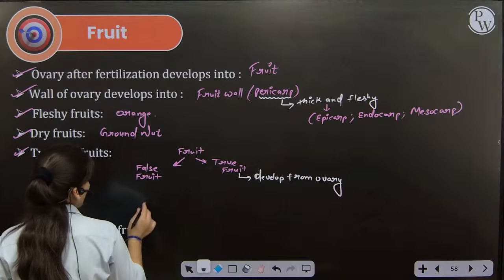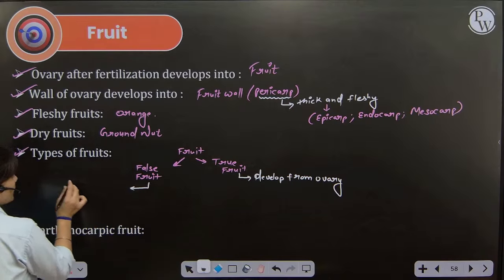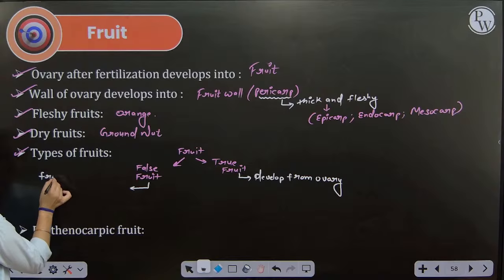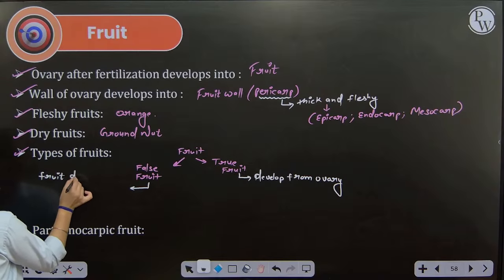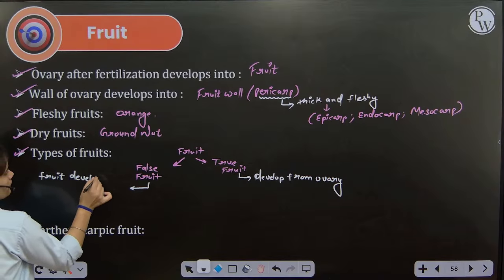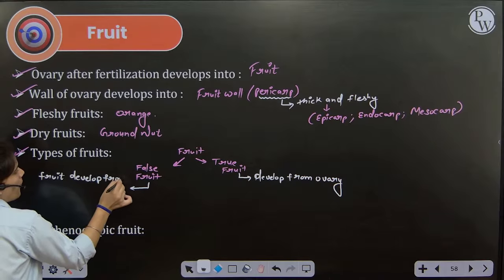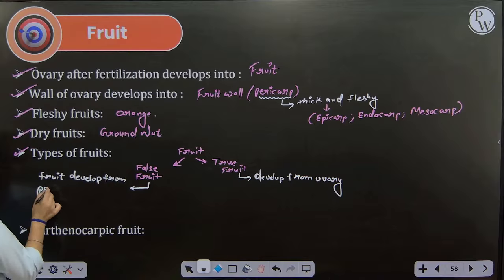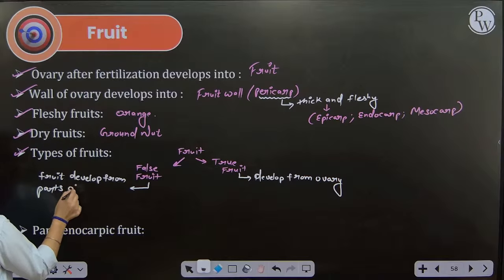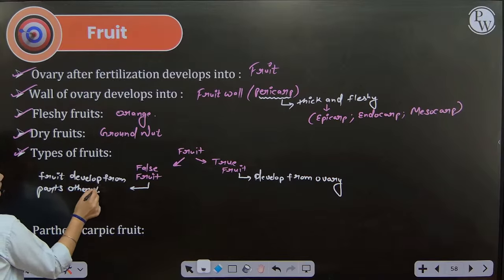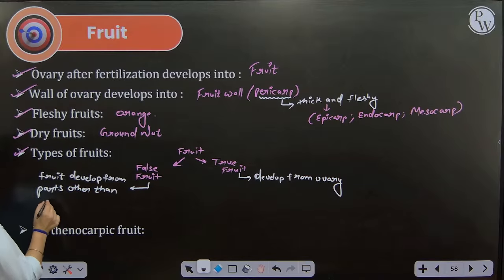What about false fruit? When fruit develops from a part other than the ovary, then it is known as false fruit.